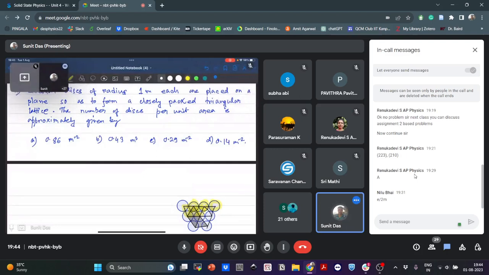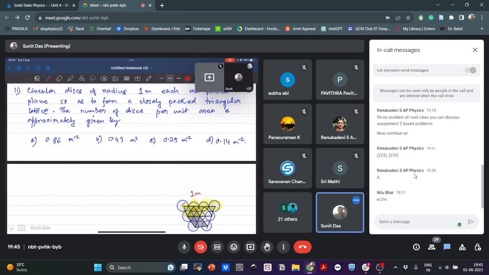So what we need to find, given that the radius of each circle is 1 meter, is the number of discs per unit area. How many discs will be there per unit area? So am I clear or do I need to elaborate more?